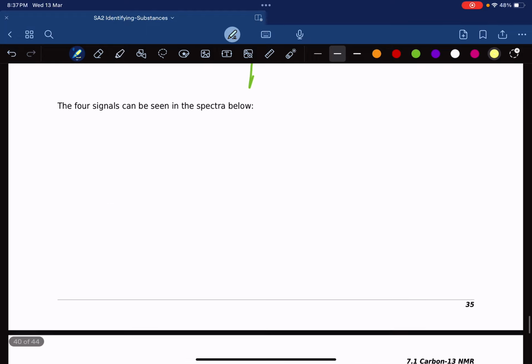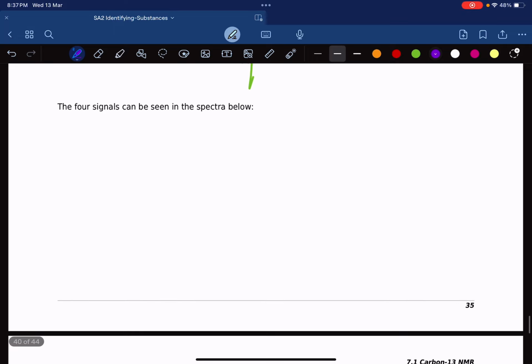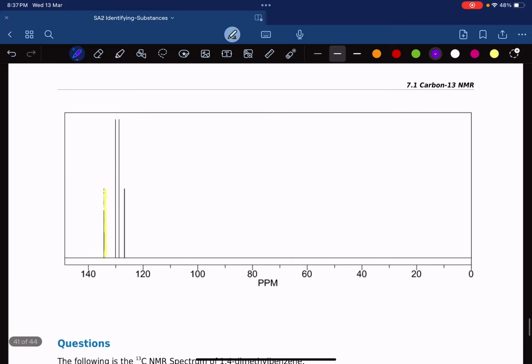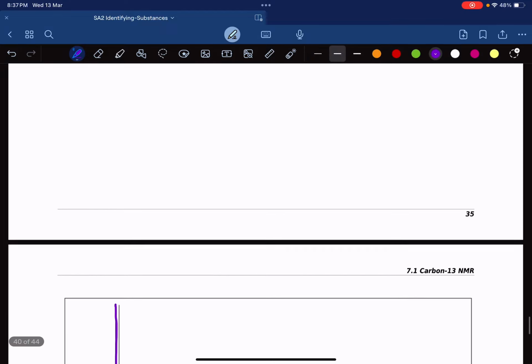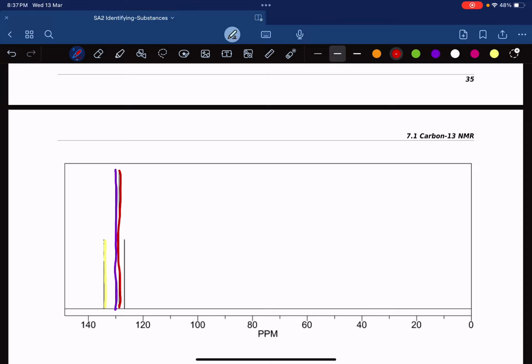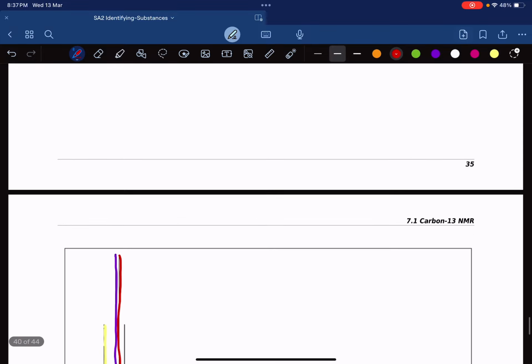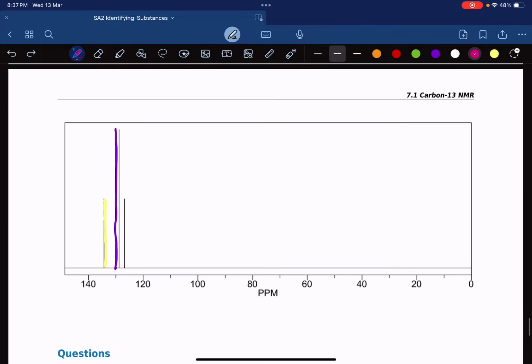The signal closest to the yellow, closest to chlorine, the purple one, I suspect this is the purple. And the next one will be the red. And the last one, which is the furthest away from chlorine and everybody else, the pink, would be here. That's the pink signal.